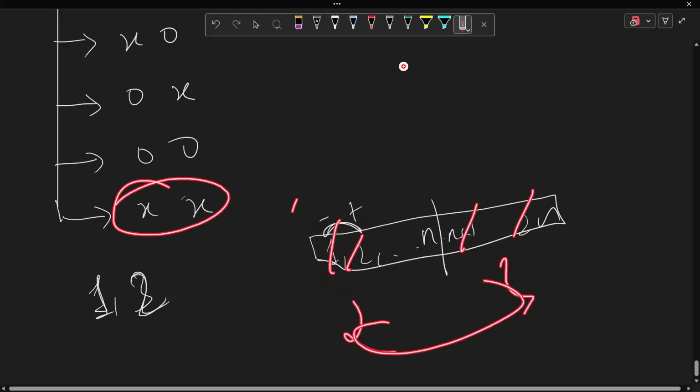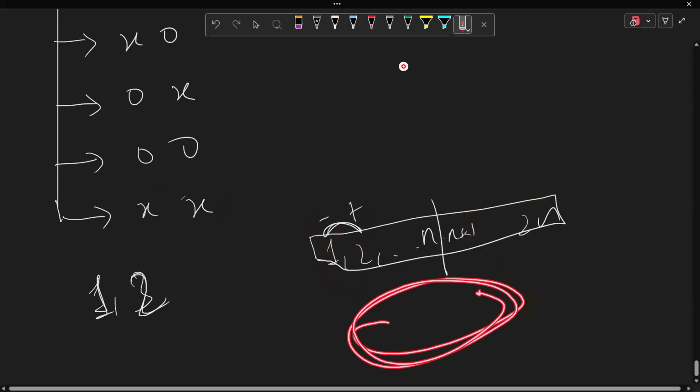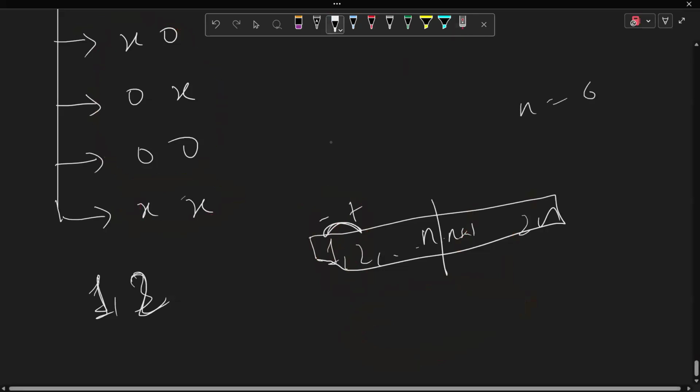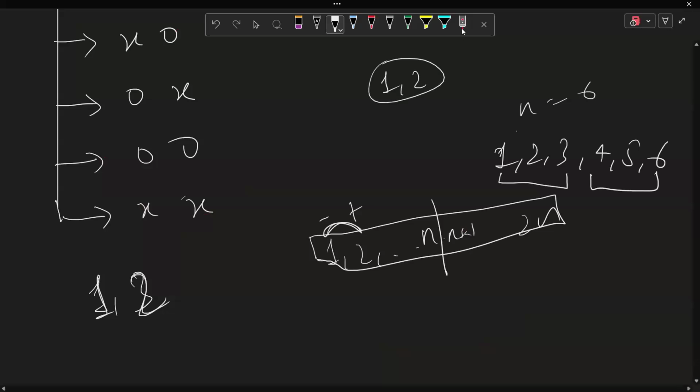After that, whatever values you get, once you ignore all of those. Let's say n was 6, you had 1 2 3 4 5 6, and you are doing the partition like this. Now if there is a pair of 1 and 2 already present, so this is fixed.